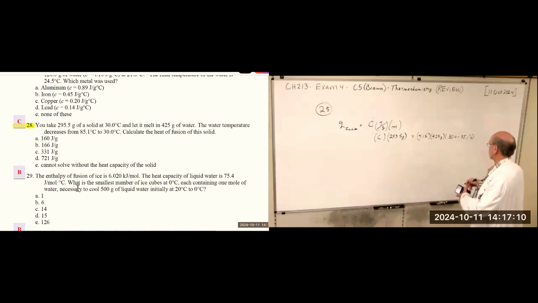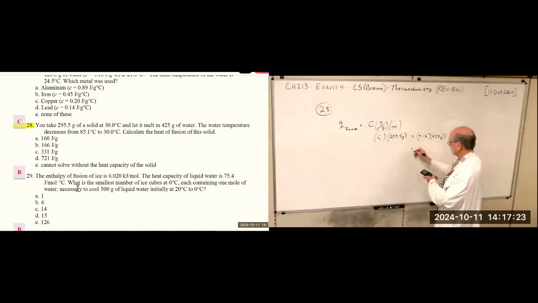So let's solve this side over here first. All right, this is minus 97885. 1, 2, 3, 4. That's right. Joules.